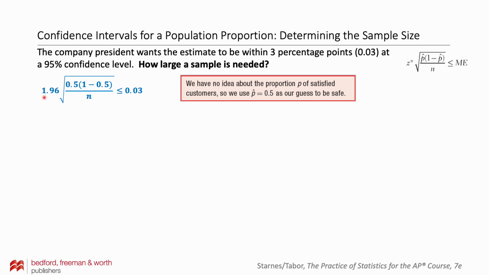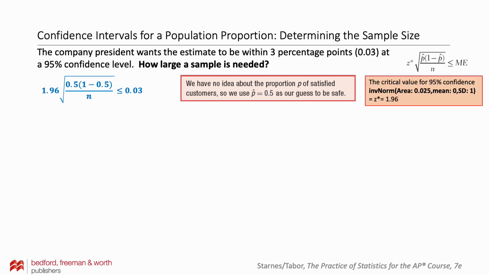Remember, we find that using inverse norm. We have our p hat to be 0.5 since they did not tell us, and they tell us that they want it within 3%. So that's 0.03 is our margin of error. So they want it less than or equal to that, and I don't know what the sample size is, which is what we're asked to find here.